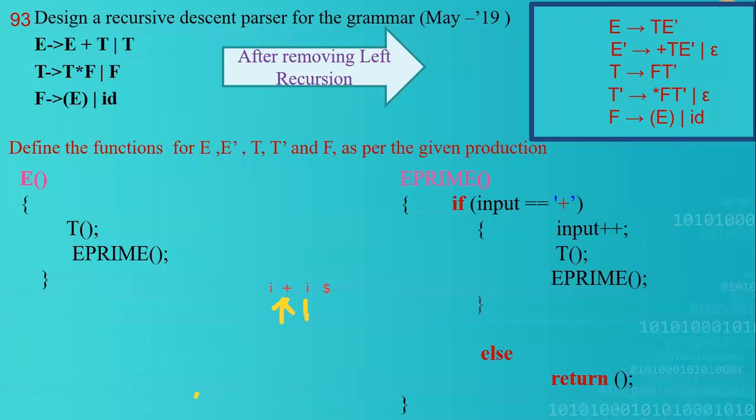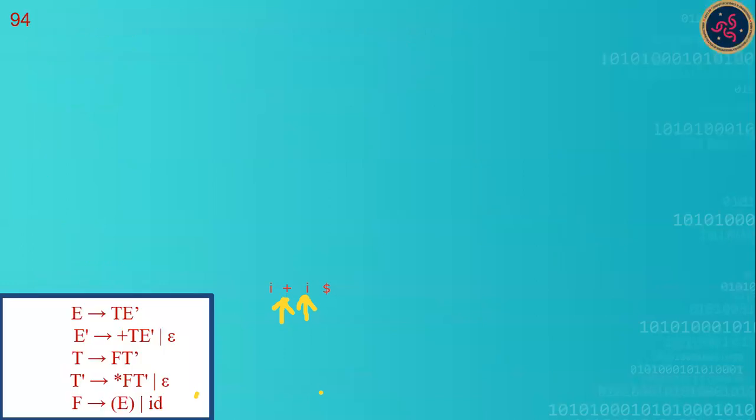So I'm incrementing to this location. Currently it is pointing to I. Okay. So after pointing again, I am calling the function T here. Now the control is given to T.